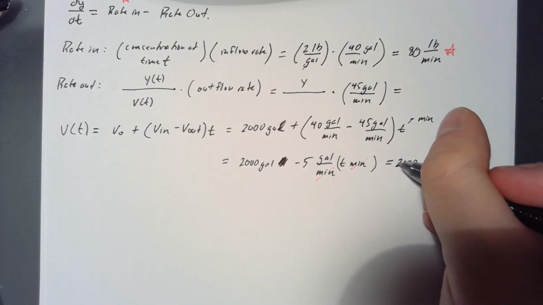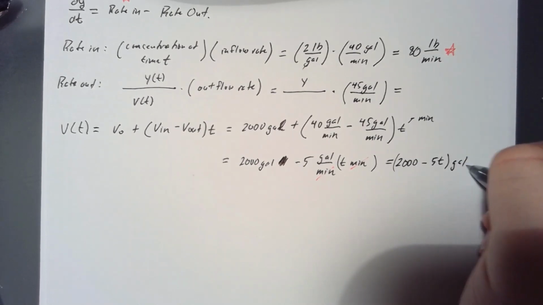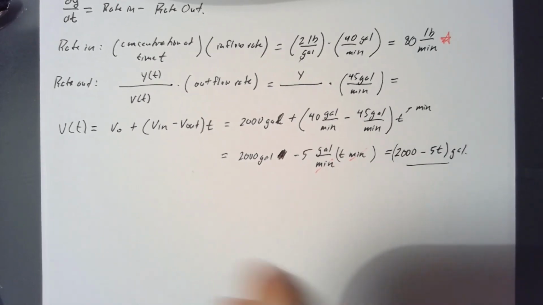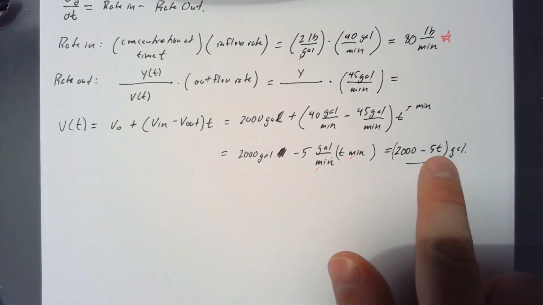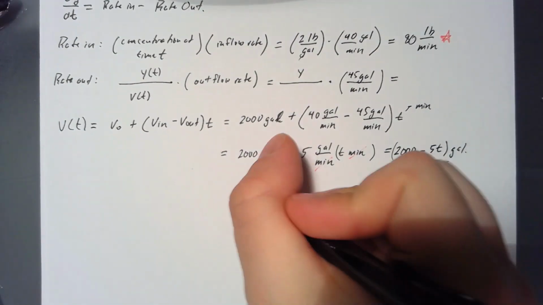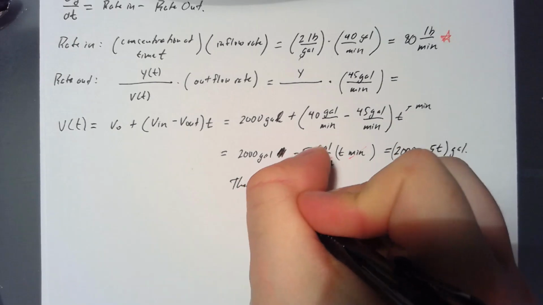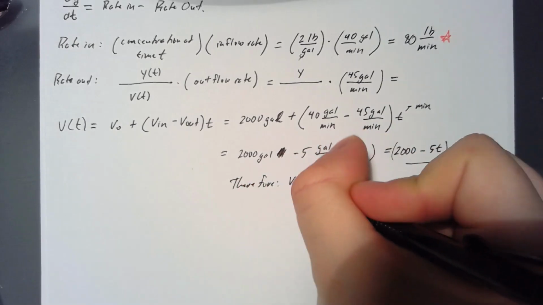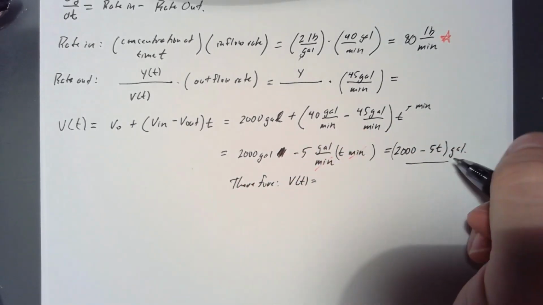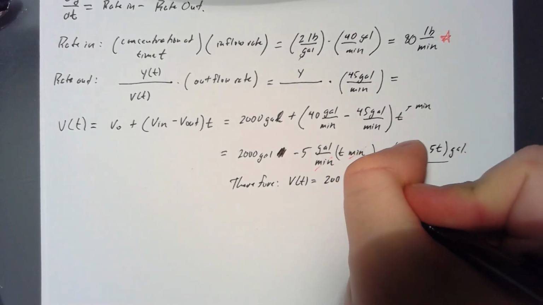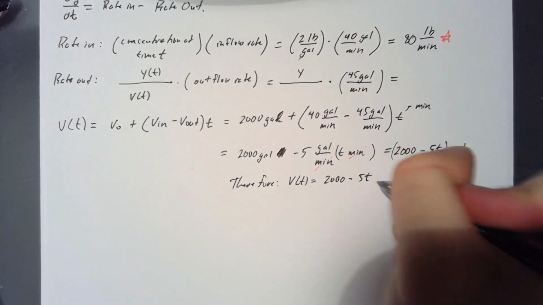So that right there is the volume function of this problem. Therefore V of T equals 2,000 minus 5T.